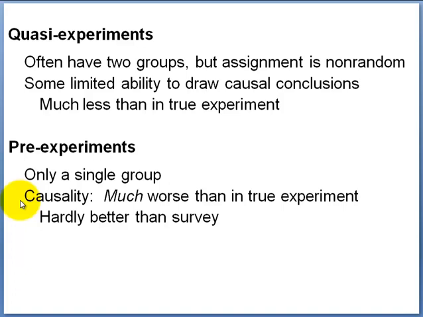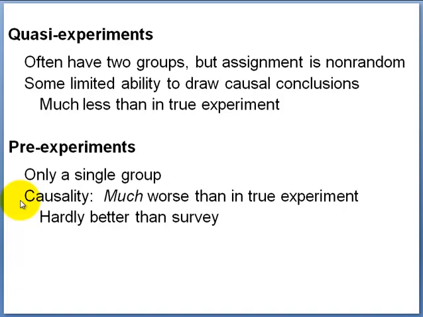Oftentimes the ability to know whether relationships are causal in pre-experiments is hardly, if at all, better than in a survey. When we get to chapter 22, we'll talk about single case designs, and you'll see that the situation is a little bit better there than is so in pre-experiments.